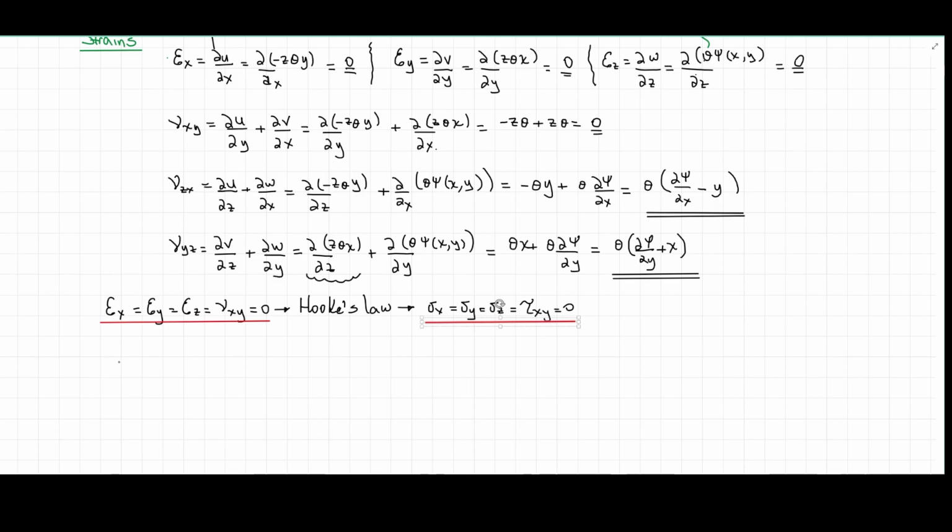Stresses, we know that shear stresses are related to strains, in a generic way, as the shear modulus times that strain. So if I apply this convention to what I have right now, then the shear stress caused by the corresponding shear strain, for example in YZ, that's the first one I'm seeing, is going to be equal to G, the shear modulus, times this whole part of the equation here, and that's going to be theta, open up this, let me write like this, x plus the differential of psi, which is a function that depends on the shape.